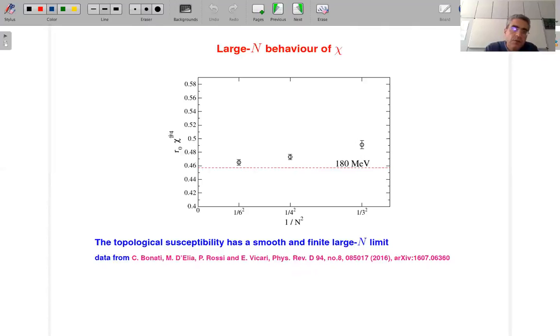But of course, we have to assume that the Sommer parameter has the same value in physical units as for n equal 3. So you can see that the approach is smooth. So these results prove that indeed the topological susceptibility has a finite large n limit, which is also consistent with the Witten-Veneziano mechanism.